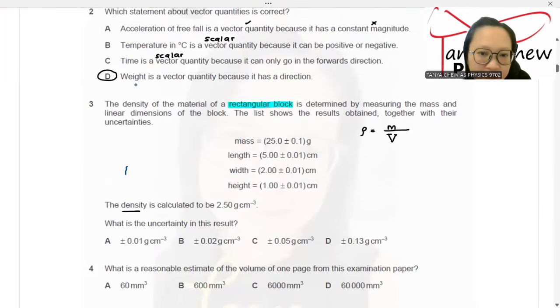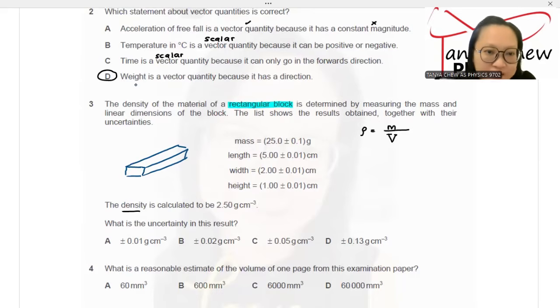The height is 1 cm, the width is 2 cm, and the length is 5 cm. I'm not good in drawing, but I try my best. So this is the height, which is 1 cm. This is the width, which is 2 cm, and this is the length, which is 5 cm.